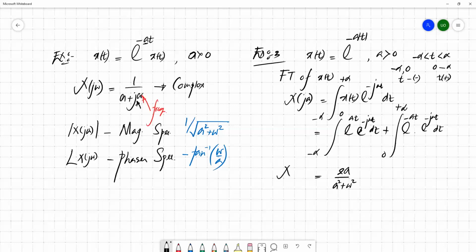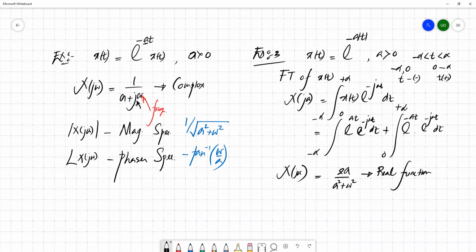This is the Fourier transform of x(t). By looking at this, you can simply say that this is a real function. So you don't need to convert it to magnitude and phase, because we know that if it is a real function, the magnitude would be the same and the phase would be either 0 or 360.